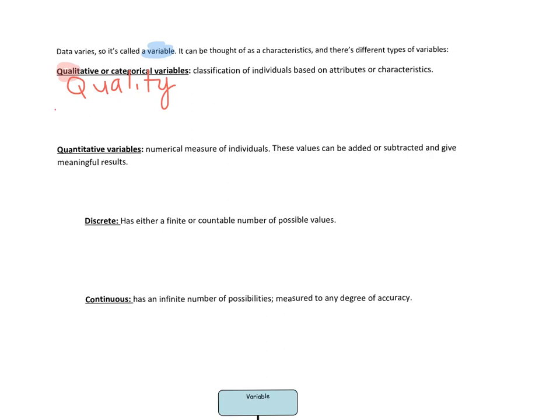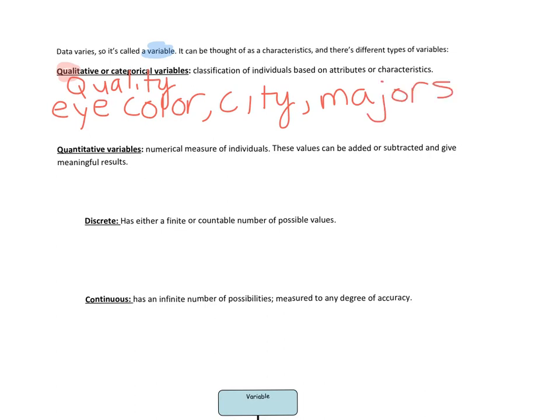So maybe eye color: brown, black, blue, green, hazel. Another qualitative could be the city you were born in. Those are words. Maybe majors, if you're in a school environment, what's your major or degree objective.